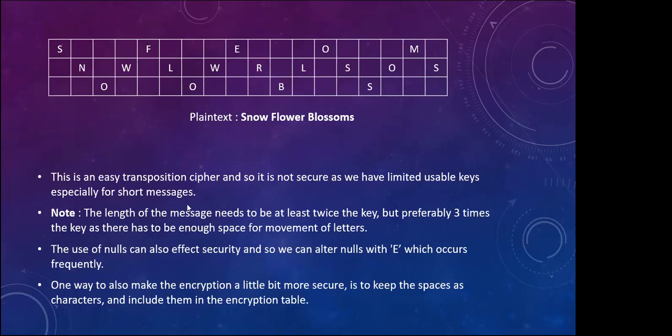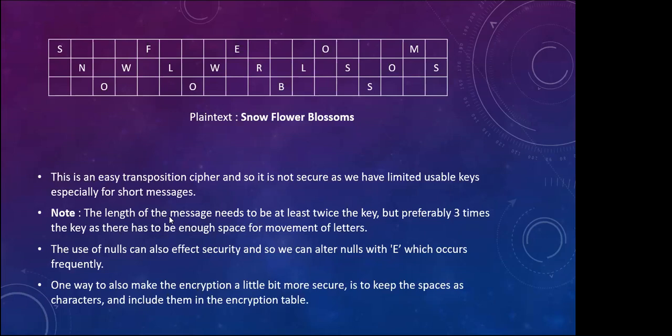And if we put an x here, then we can immediately identify that we have used nulls. We can skip the x or replace x with any other letter for the null entries.